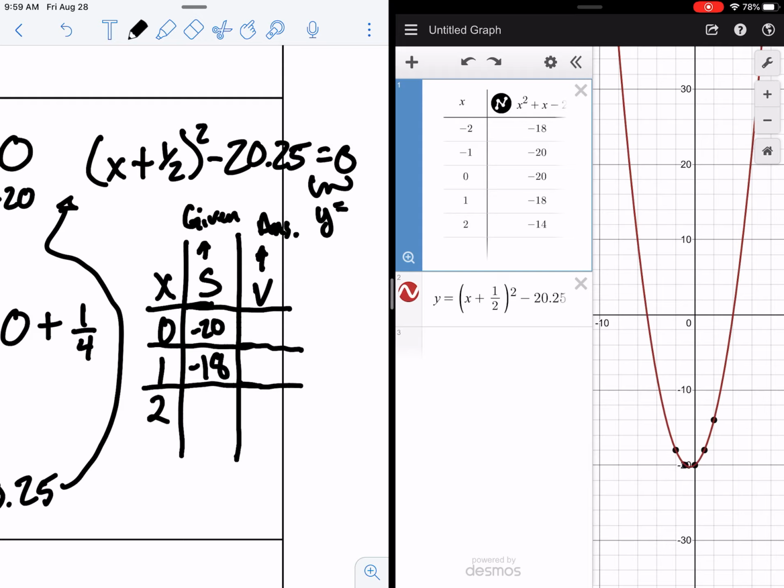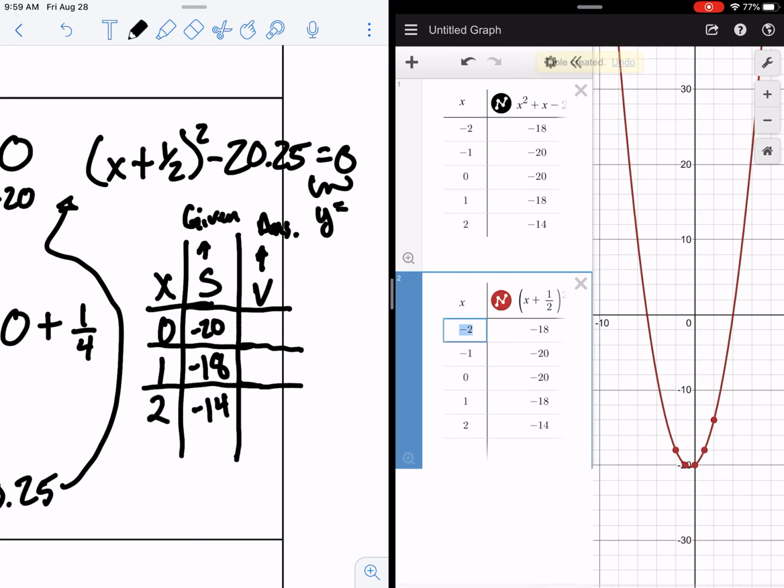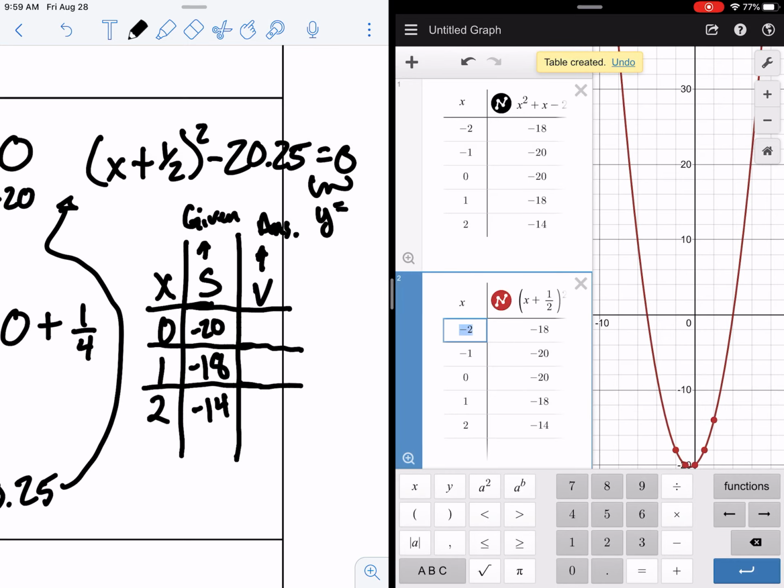When x was 2, y was negative 14. Again, pull up my table really quick. When x is 0, negative 20 is my y value. When x was 1, y was negative 18. When x was 2, y was negative 14.